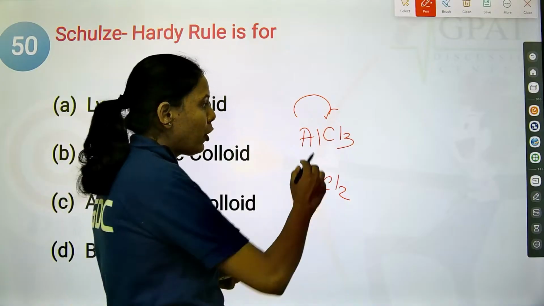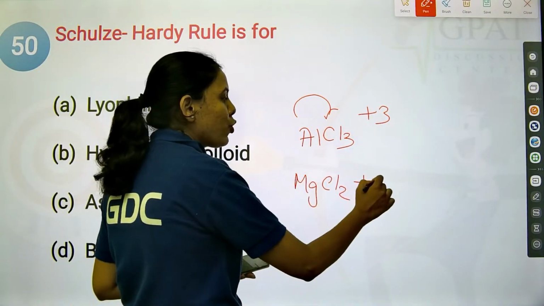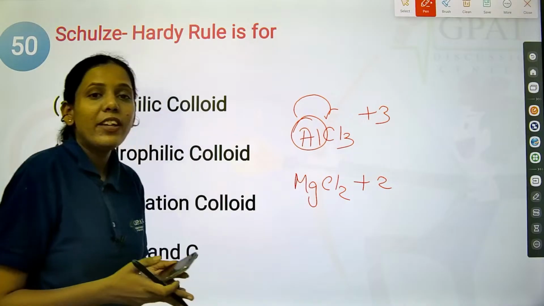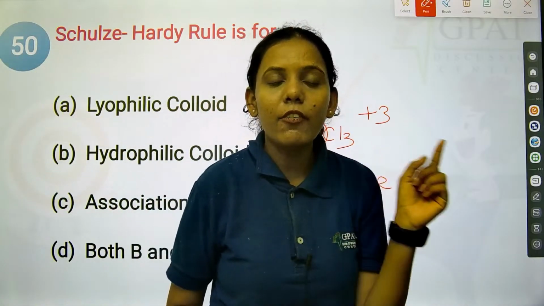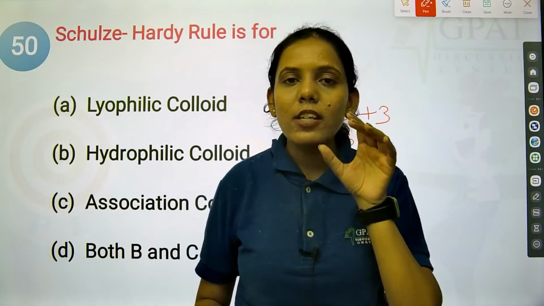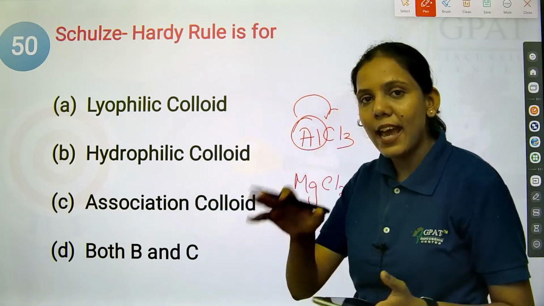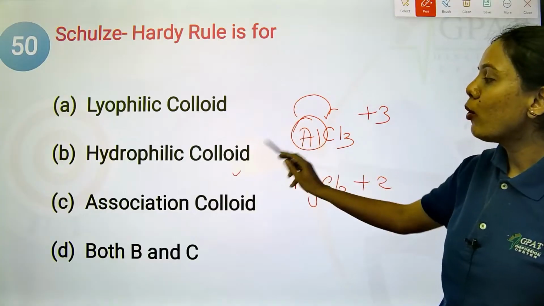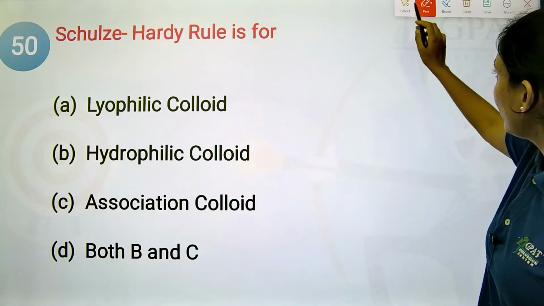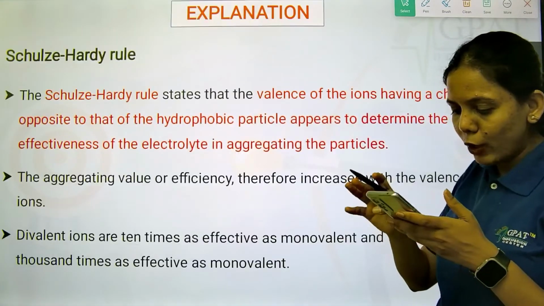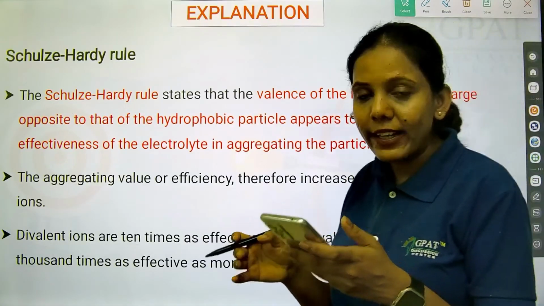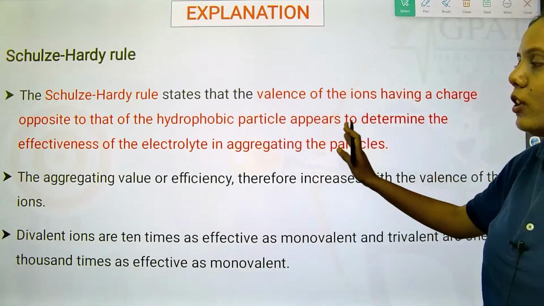Because aluminium has plus 3 valency versus plus 2, it has a higher tendency. So the higher the valency, the higher the effectiveness of that particular ion. It is directly proportional, and it is about the hydrophilic colloid. Very good, hydrophilic colloid is the right answer. So that is about the Schulze-Hardy rule.